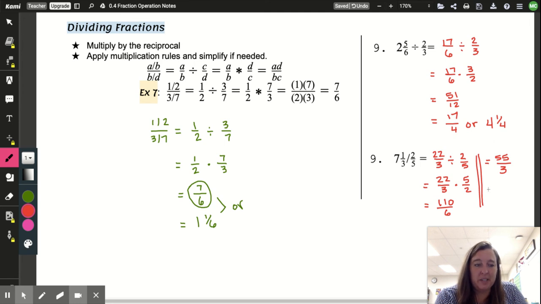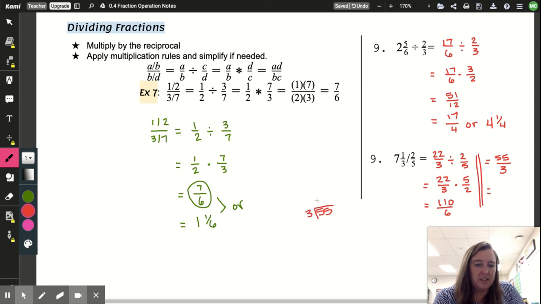On the second one, it should have been 55 over 3, which I forgot to change to a mixed number, so let's do that together now. Let's see, 3 will go into 55. This is how I do this. I'd say 55 divided by 3.